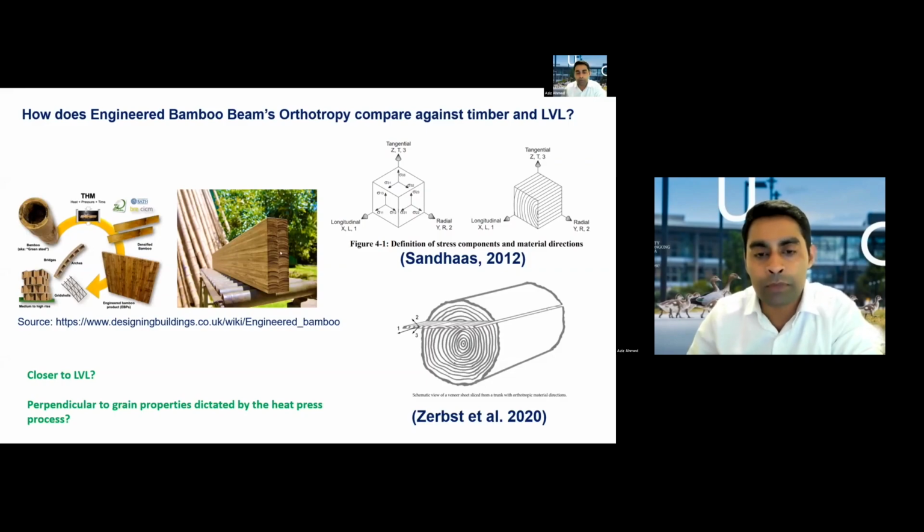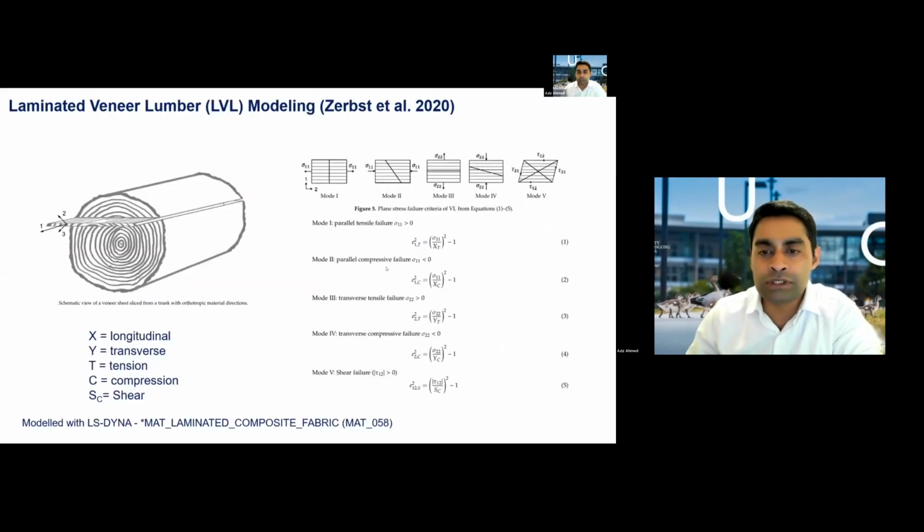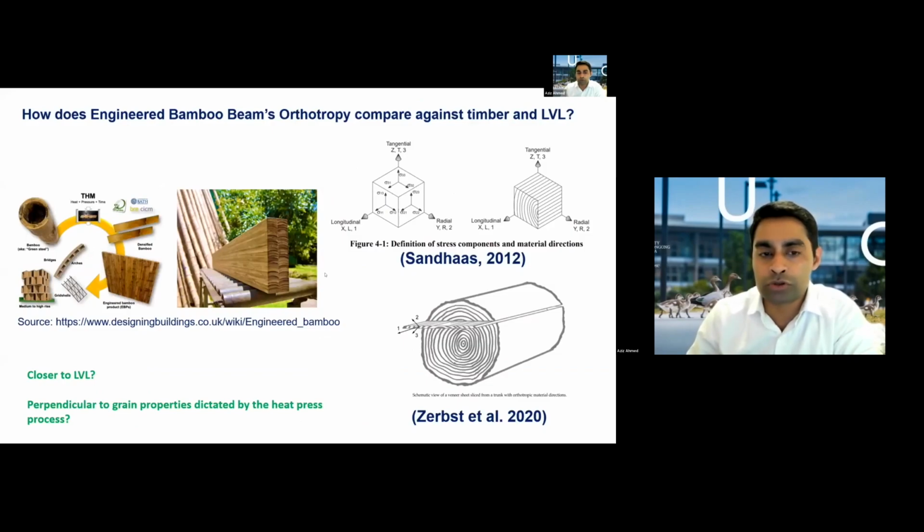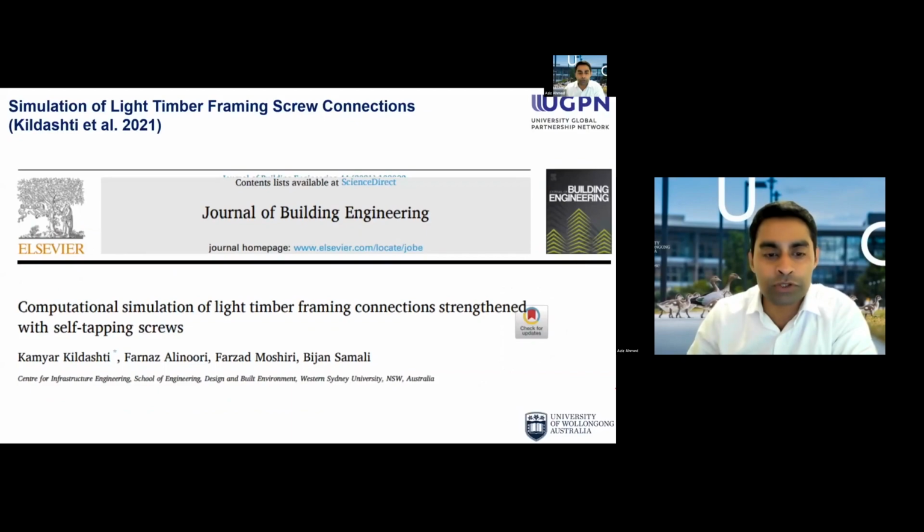Whereas for engineered bamboo, especially with the way it is produced by densifying it, I hope it makes sense to initially model it as a little bit simpler. I intend to model it as an orthotropic material, so only 2 directions, unlike 3 directions. So it will still be 5 failure modes, but overall the material property simulation should be a bit easier compared to standard timber and LVL, but we'll see what kind of comparison we get.